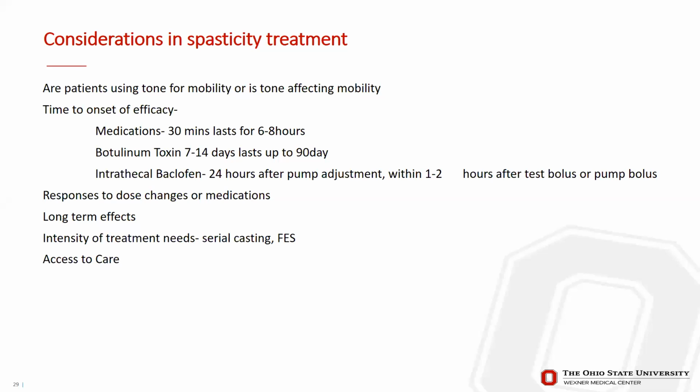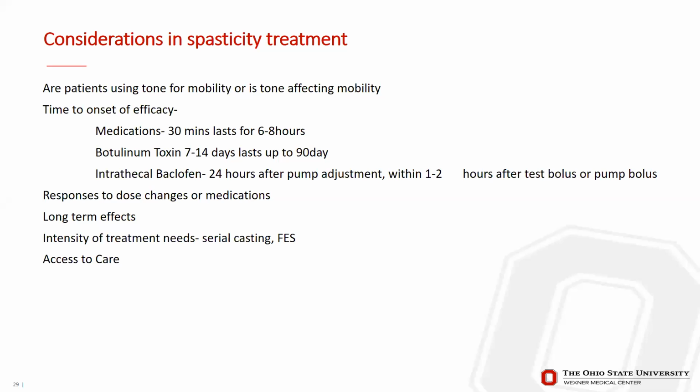And this is a really real thing. There are not a lot of practitioners that manage spasticity in a global way that can be accessed in smaller hospital systems or smaller towns. So there's a really real concern for access to care if people have spasticity.